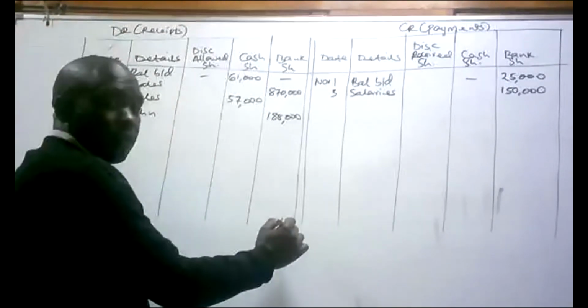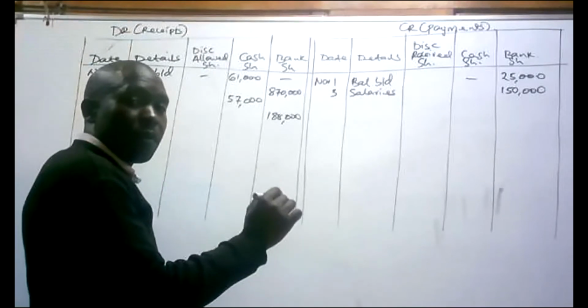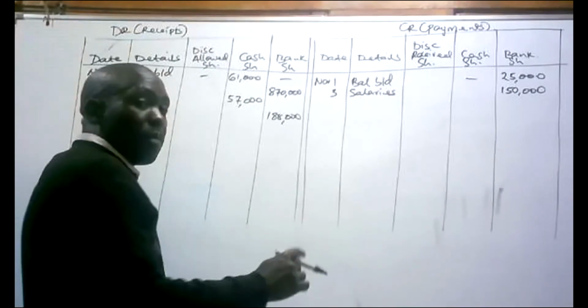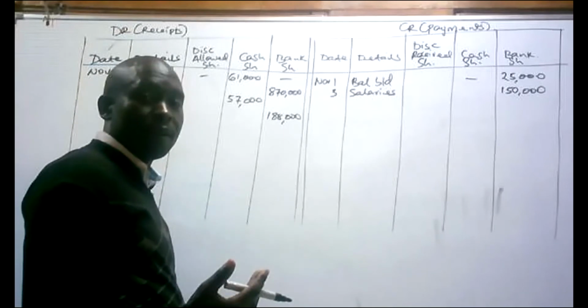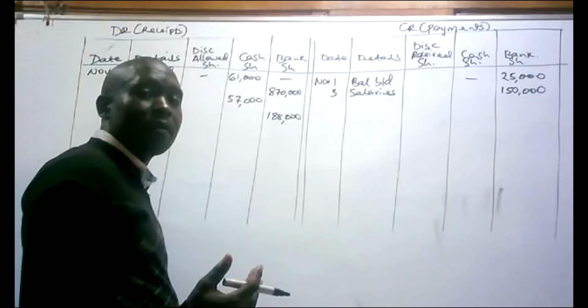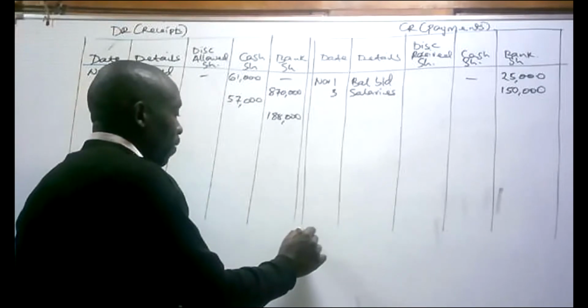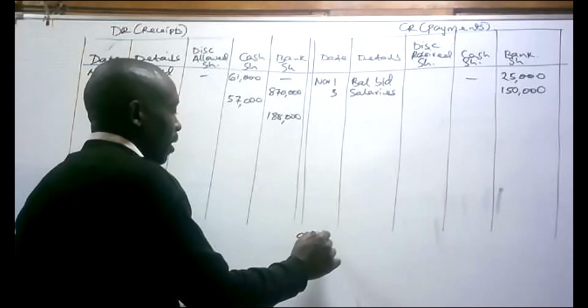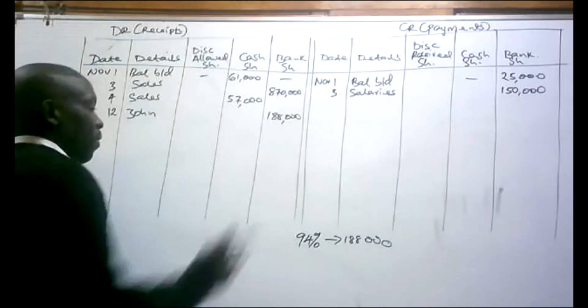If we were to receive the entire amount, we were supposed to receive 100%. But 6% has already been deducted by John. So John only gave us 94%, which is equivalent to 188,000, what we received.